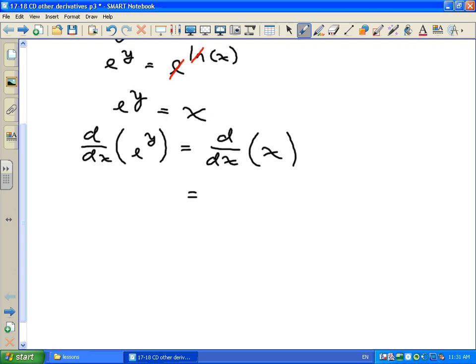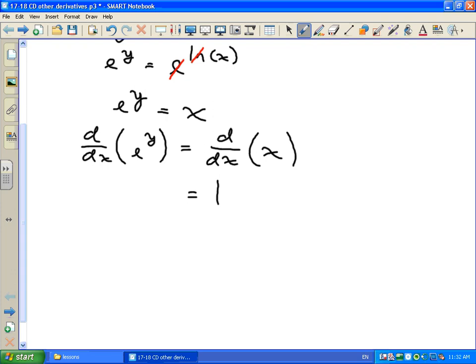The right-hand side is pretty easy here. If we're just taking the derivative of x, what's that going to be? Just 1. It's the left-hand side that's a little bit trickier, because what we have is a function, e to the y, and y is itself a function of x.